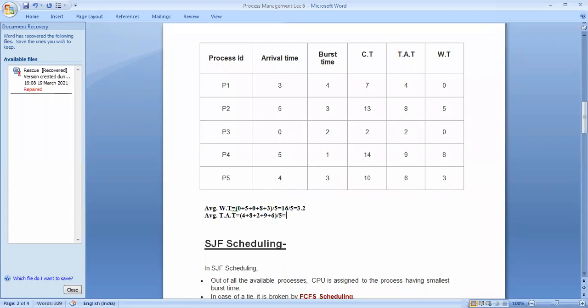So 4 plus 8 is 12, 14, 23, 29. 29 by 5 means 5.8.